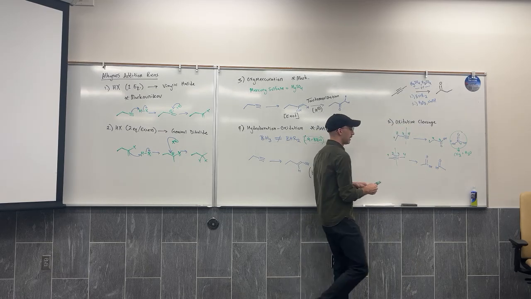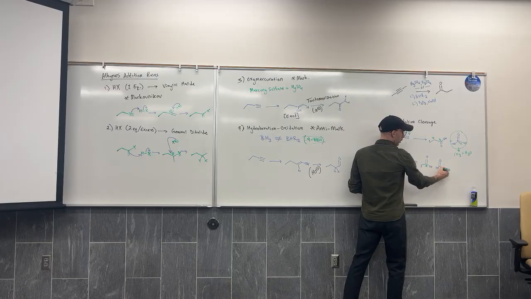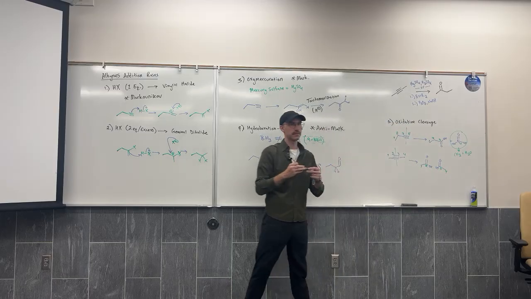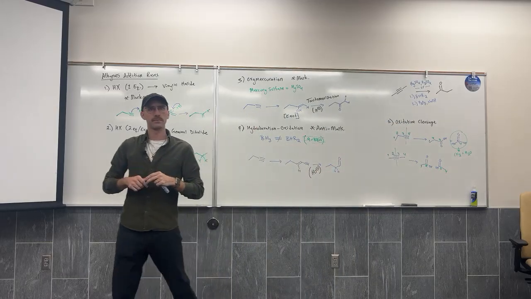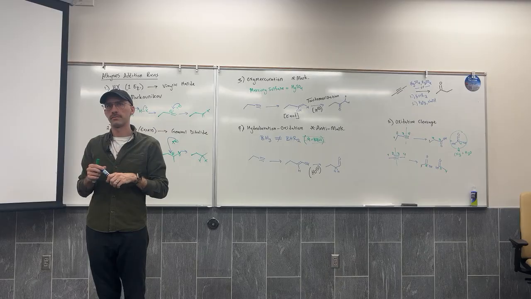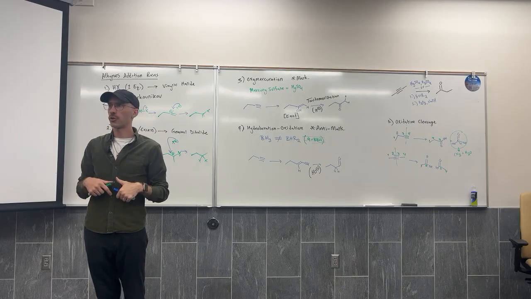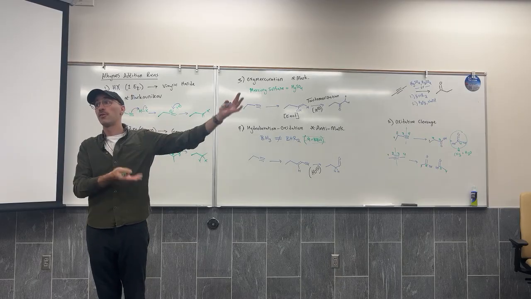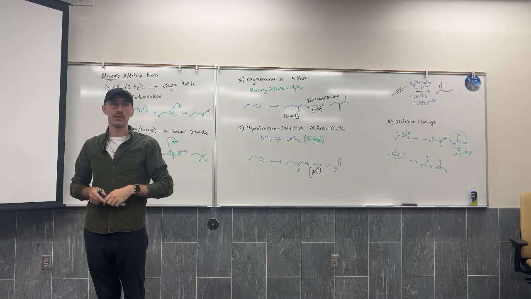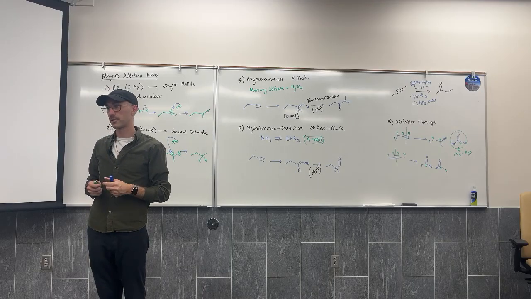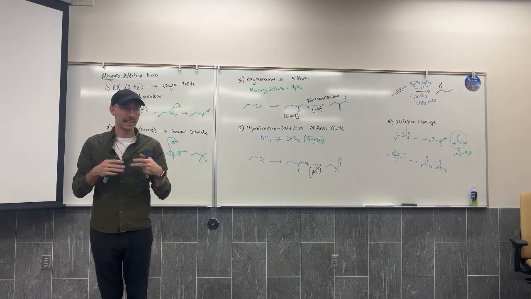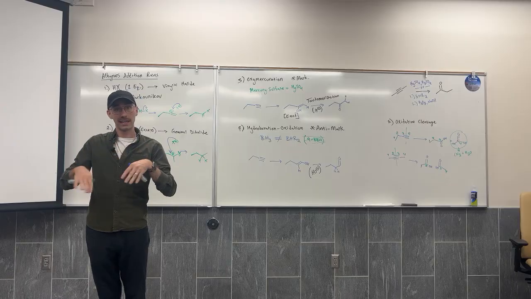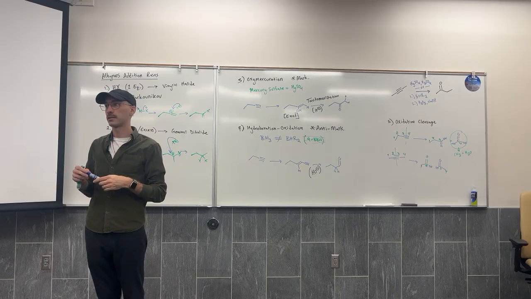This time, it's 2 carboxylic acids. The regiochemistry matters. If it's a terminal alkyne, one of those carbons will get lost. It will disappear as bubbles in your reaction. If you're doing an internal alkyne, then you can cleave it and you get 2 carboxylic acids.